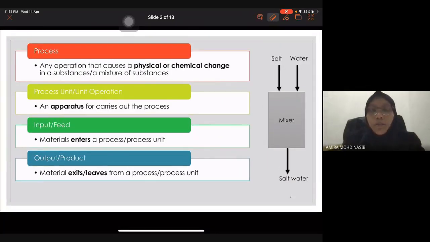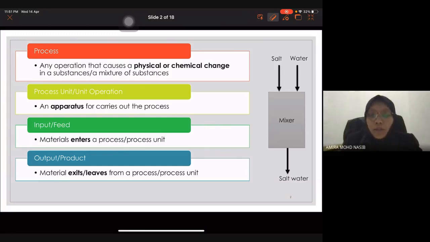Process is any operation that causes physical or chemical changes in a substance or a mixture of substances. So basically, imagine that you have an oven and you want to bake a cake.